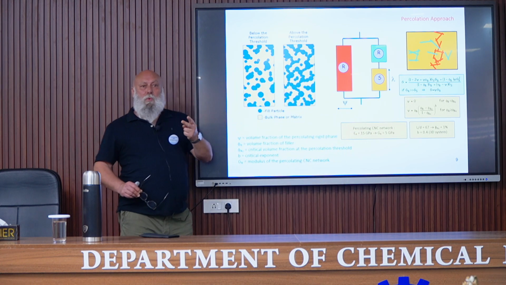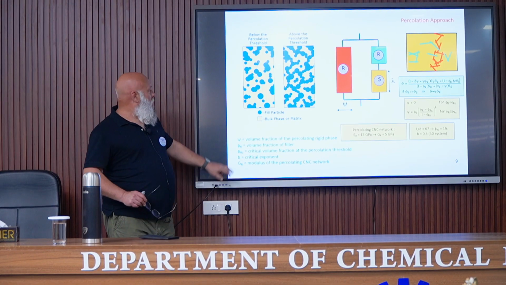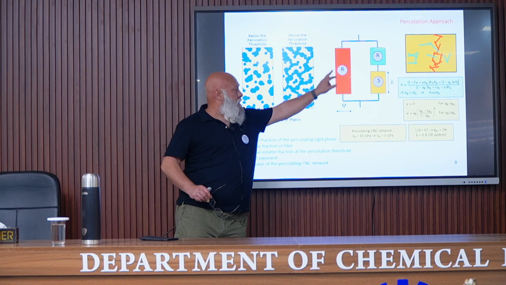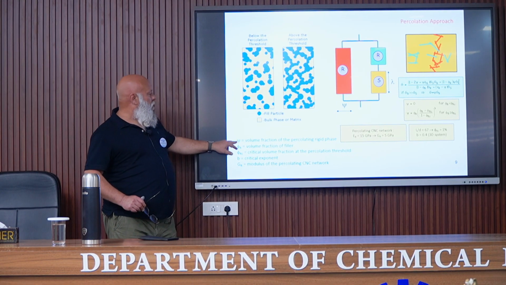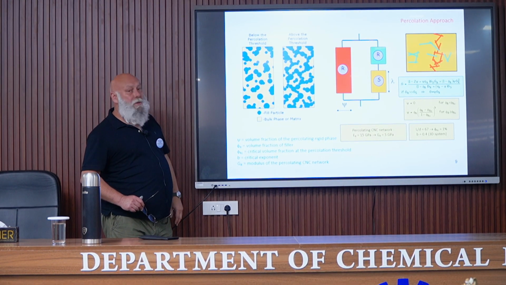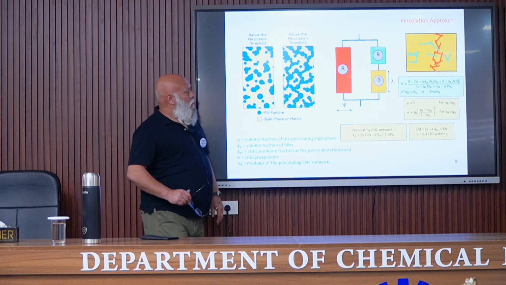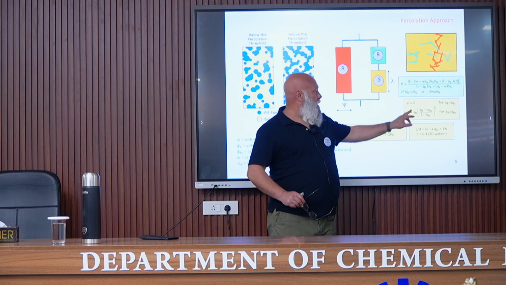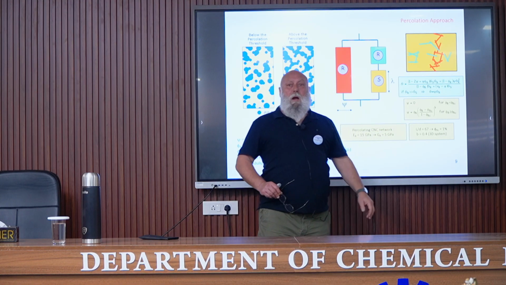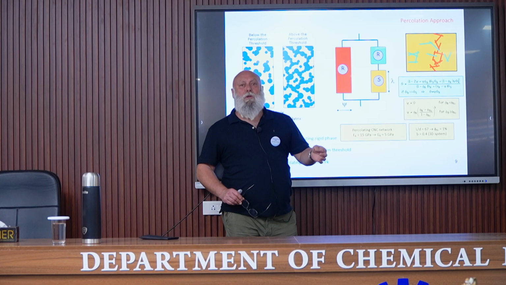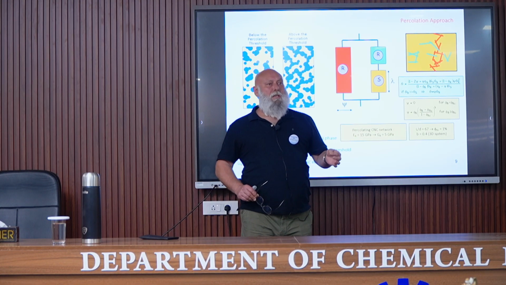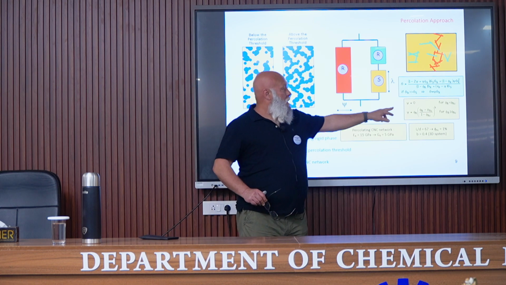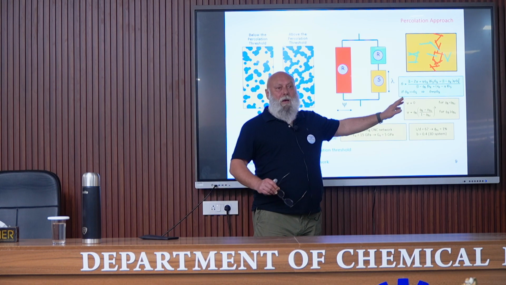In this equation, we have two parameters. Psi corresponds to the volume fraction of the percolating rigid phase. And this can be determined from this equation: below phi RC, which is the percolation threshold, or the volume fraction which is necessary to form this continuous phase, psi is 0, no percolation.